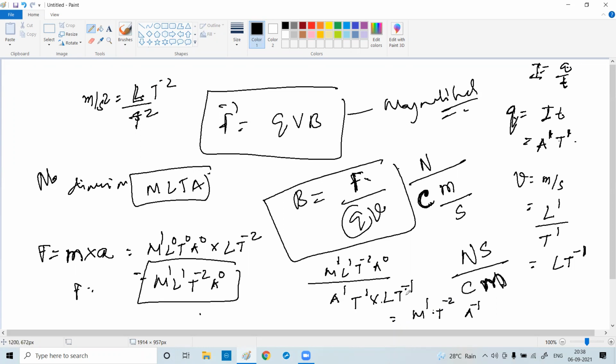L cancels, becomes 0. So the dimension of the magnetic field is M1 L0 T minus 2 A minus 1. Clear?